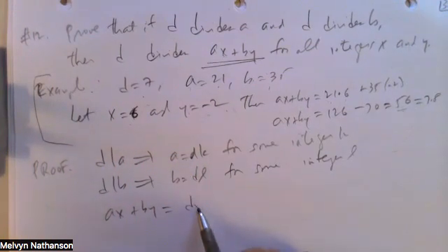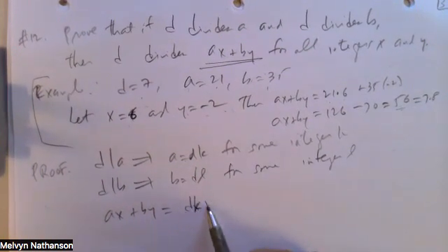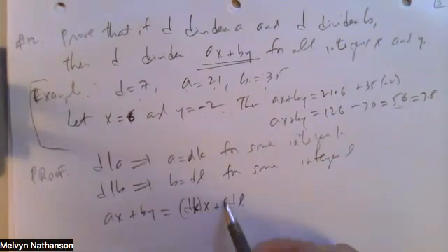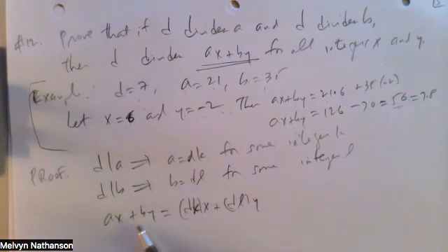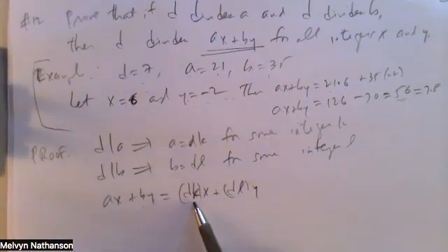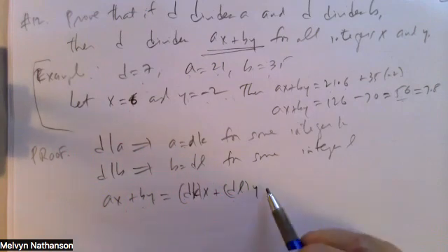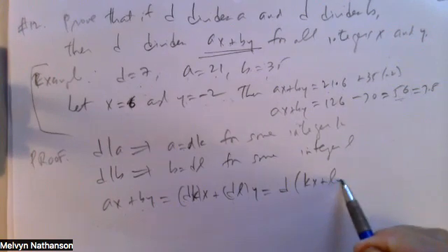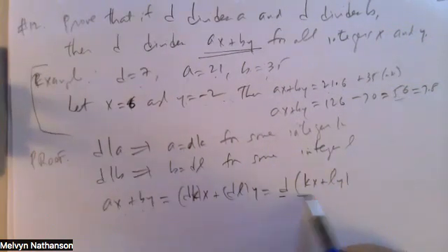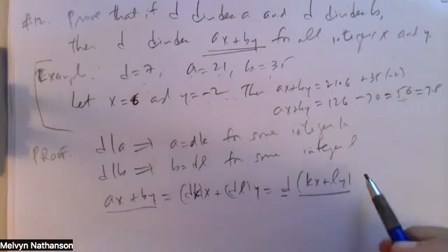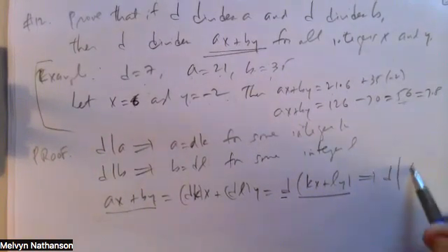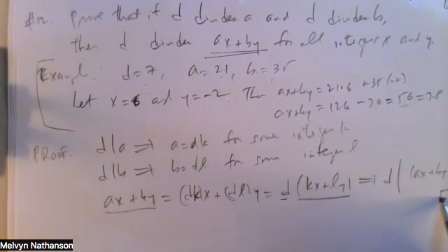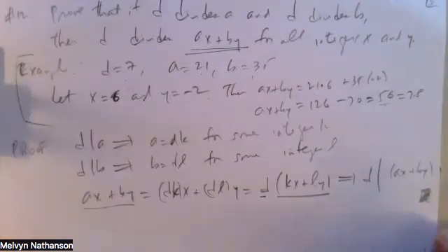A is dk, so this is dkx. And b is dl, so that's dly. So ax plus by is dkx plus dly. I can factor a d out. I get d times kx plus ly. So this integer times d is ax plus by. So d divides ax plus by. And that's a proof.